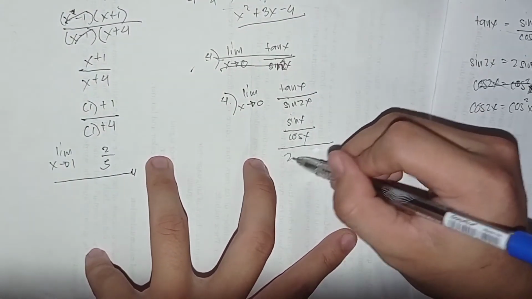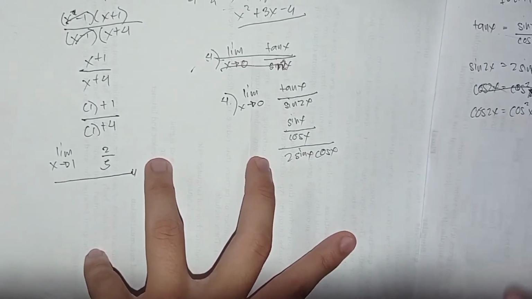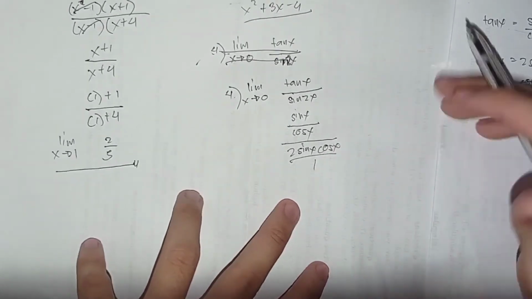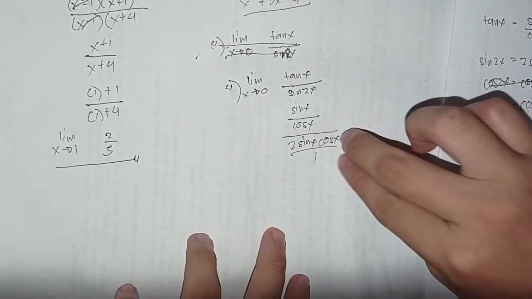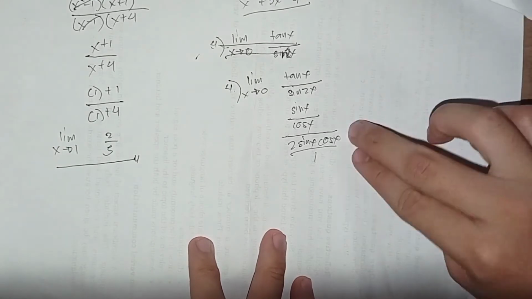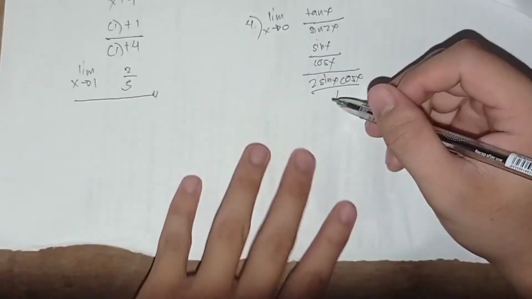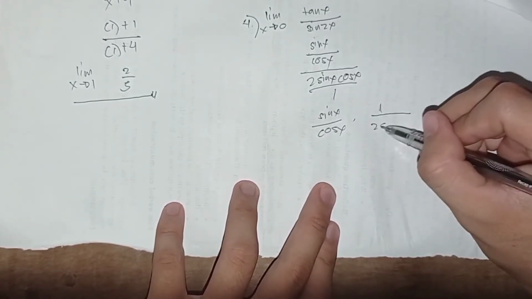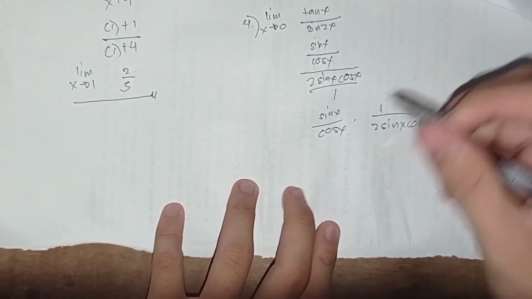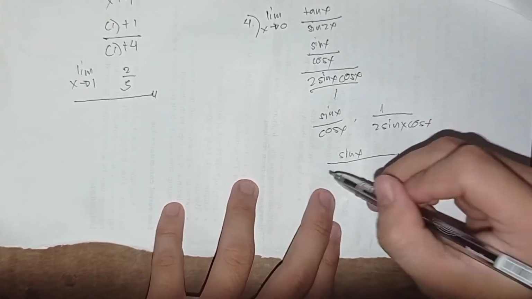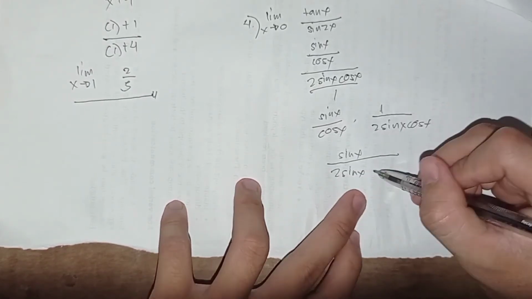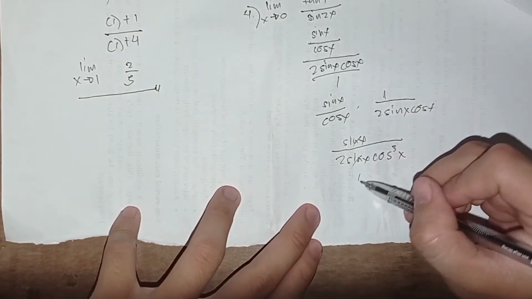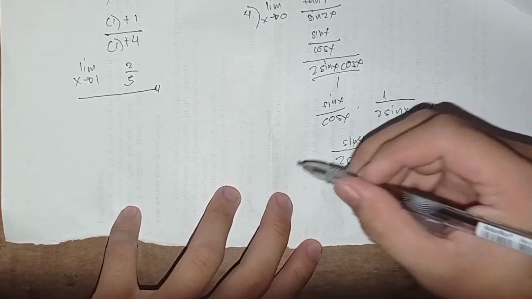So sin x over cosine x times the reciprocal 1 over sin x. The sin x cancels, leaving 1 over cosine x.